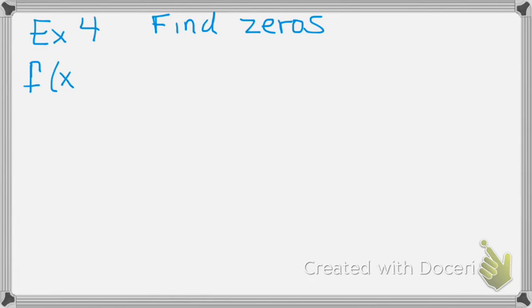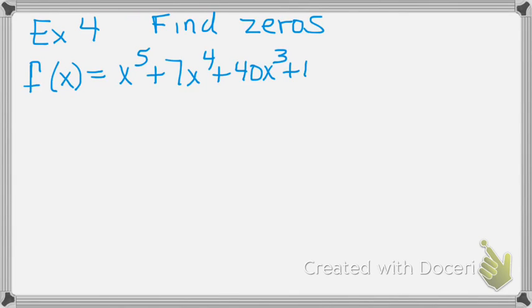F of x is equal to x to the 5th plus 7x to the 4th plus 40x to the 3rd plus 184x to the 2nd. Crazy numbers here. Plus 375x plus 225. Okay? So x to the 5th, 7x to the 4th, 40x cubed, 184, 375, and 225.